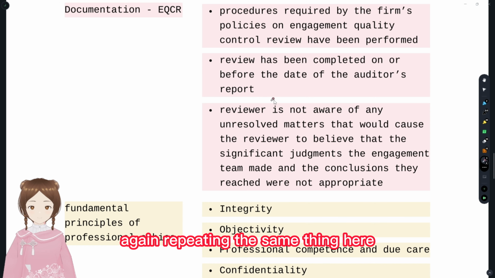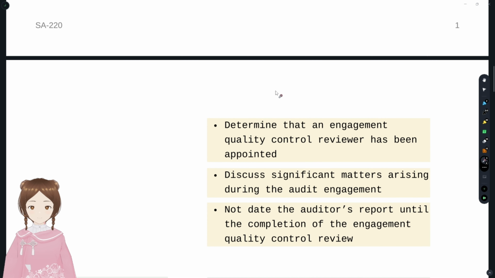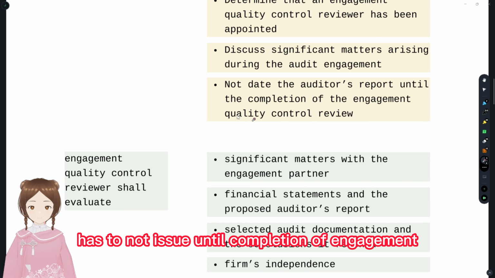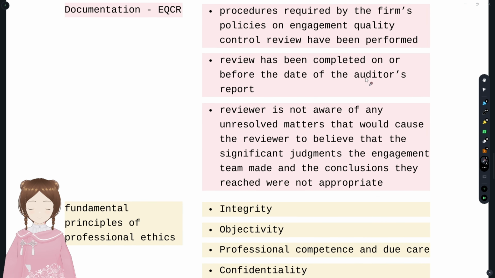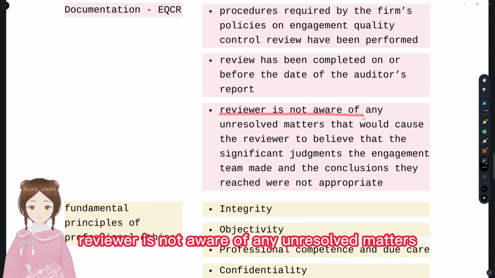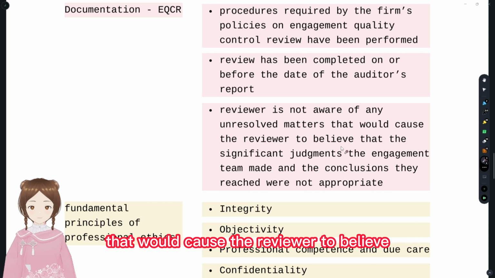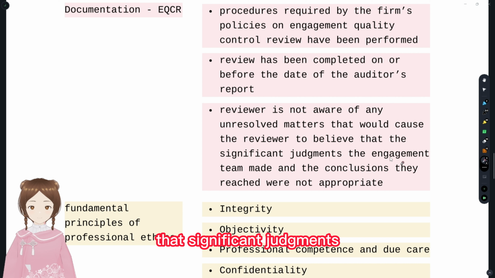That again repeats the same thing: the audit report must not be issued until completion of the engagement quality review, and the review has to be completed before the signing of the audit report. Both are the same. The reviewer is not aware of any unresolved matters that would cause the reviewer to believe that the significant judgments the engagement team made and conclusions they reached were not appropriate.